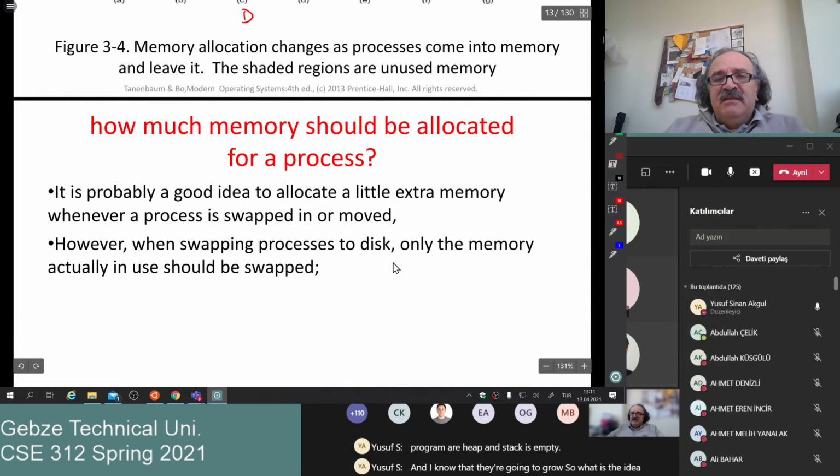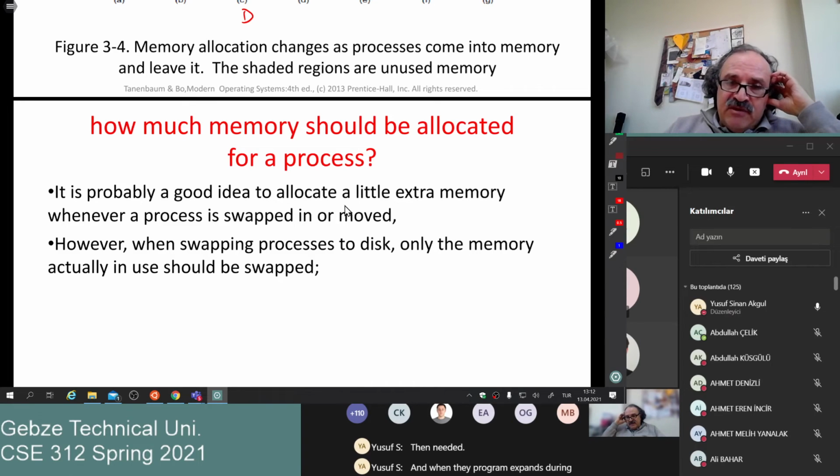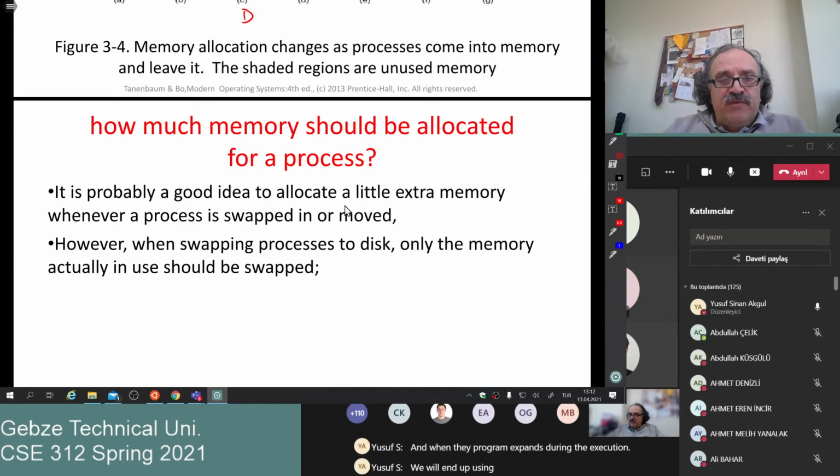The idea is to allocate more space for the process than needed at the beginning. So you allocate more space than needed, and when the program expands during the execution, we will end up using those parts of the memory.